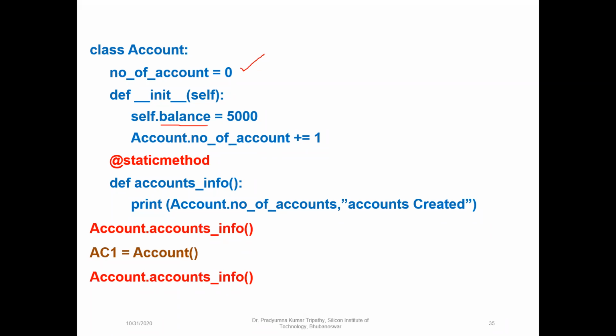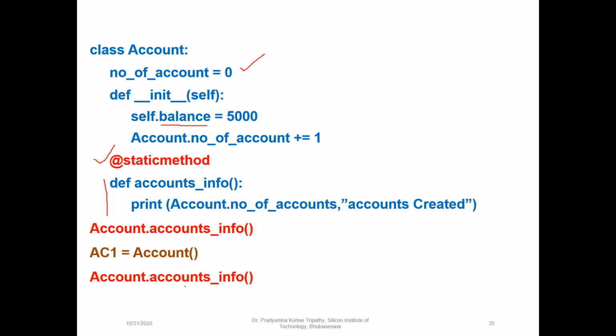Data attribute. So we have a class attribute and a data attribute. And accounts info, what you are defining, is a simple function definition, but before that I am writing @staticmethod. This is a decorator that I am using before this, so this will be treated as a static method.